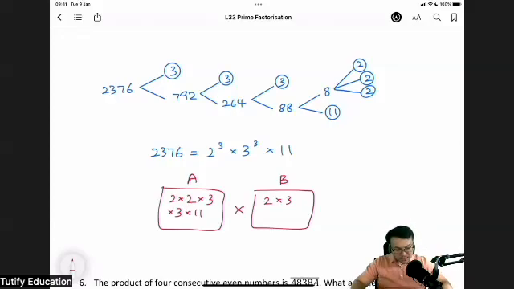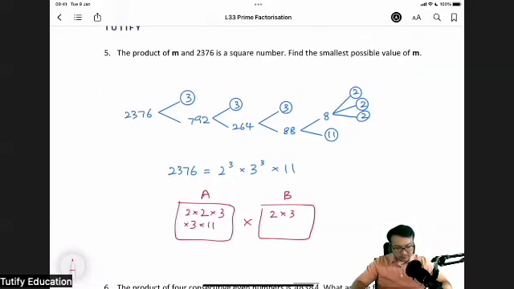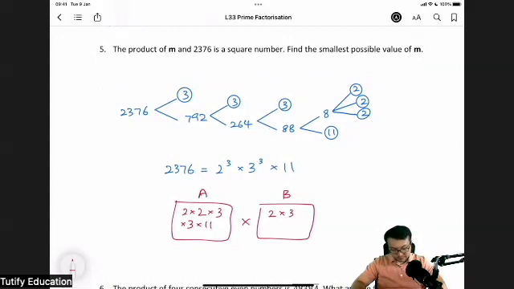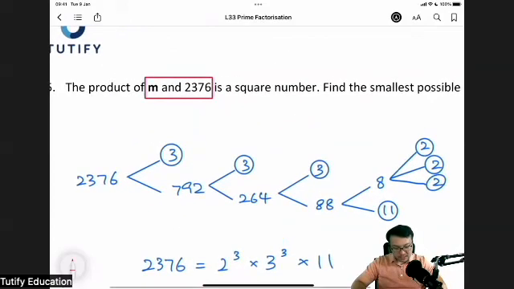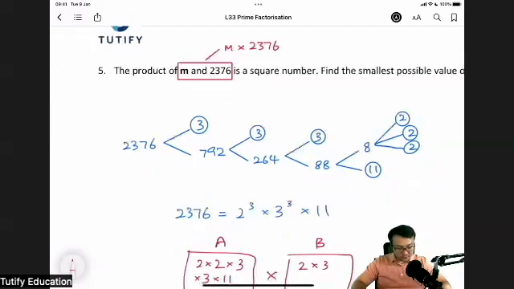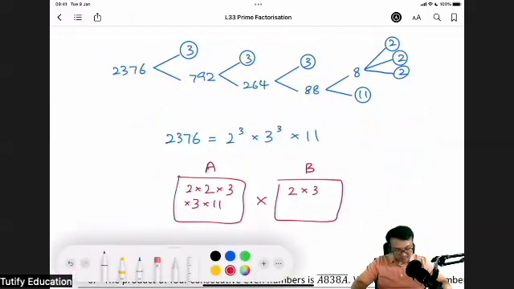Where do you think the missing numbers can come from? Where do you think we can get the missing numbers from? We can get it from M, right? So what do you think M should be?